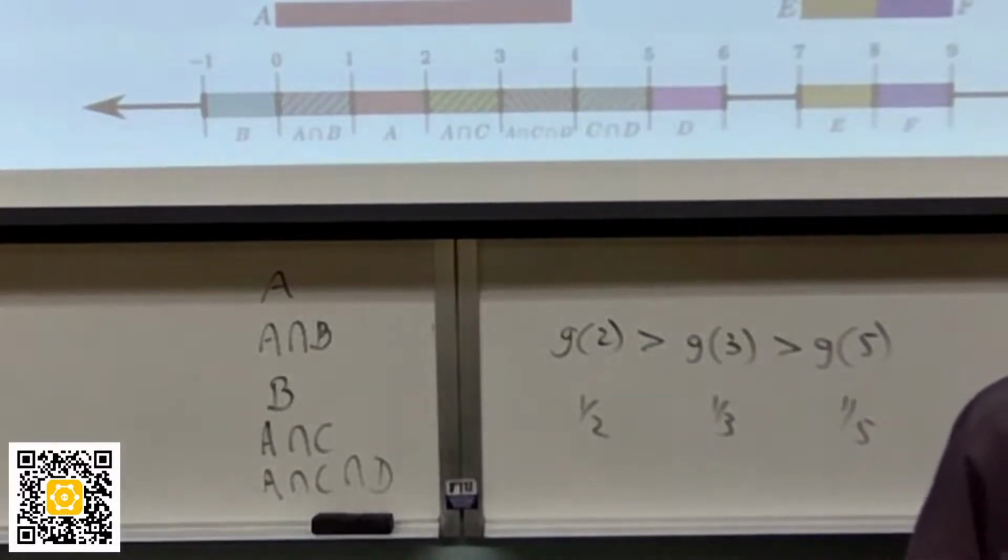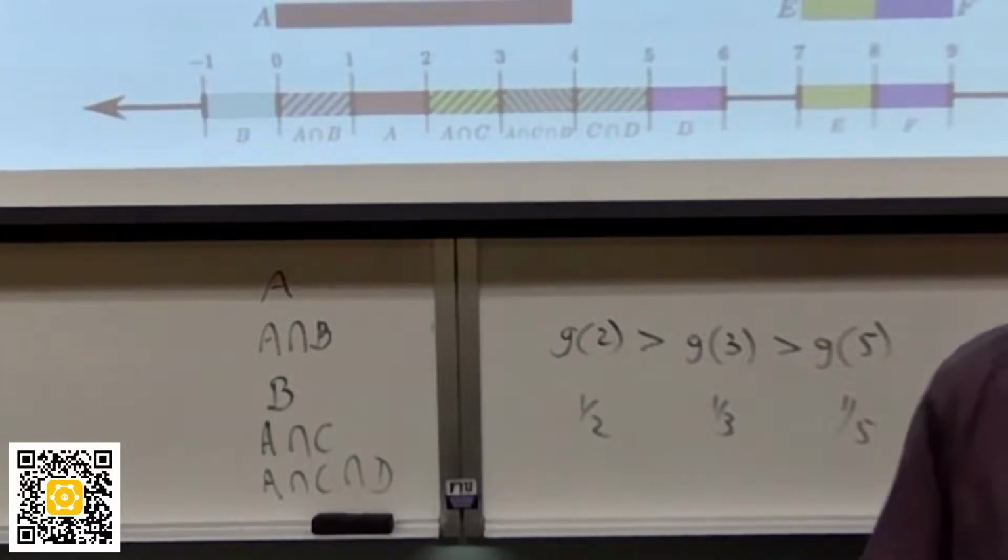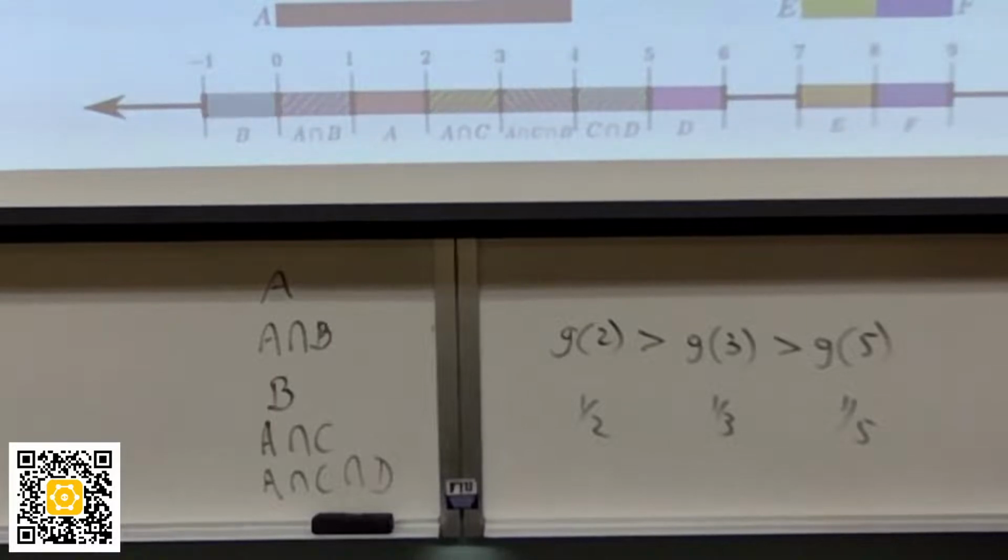Yeah, you have a thought on this? I was going to say, they have to differ by one when we're looking at edges. Yeah. But if we're adding one, it should be from the one that has one less to the one that has another one. So from B to A intersection B, there should be a directed edge. And then from A intersection B to A, there should be one from that to that.